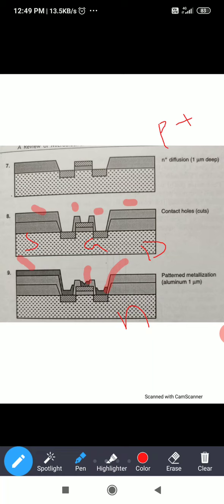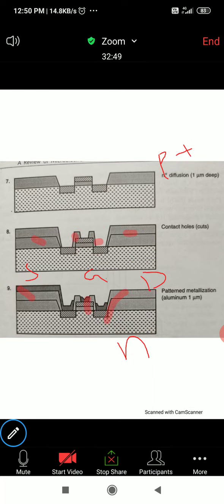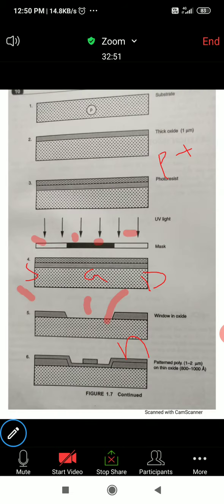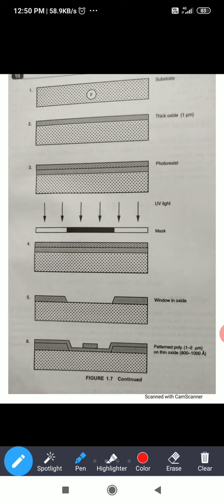We will use boron or some other P-type semiconductor. And for PMOS, the mask will be different. Here this mask, whereas for P-type we will use a different mask.